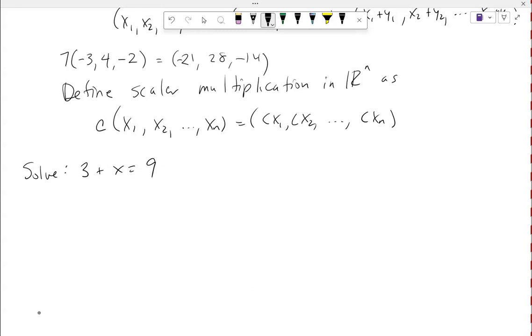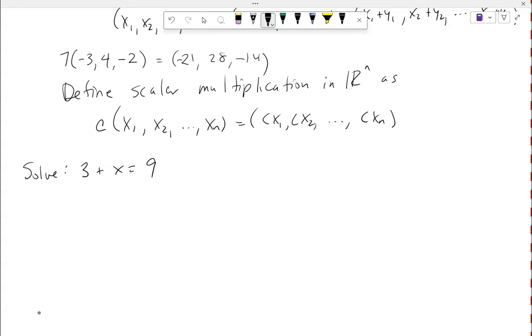Okay, so subtract 3. Subtraction is defined as what? It's adding the opposite, right? Adding the inverse of it. So the first thing I need to know for a fact is what the negative of 3 is. I need to make sure that it has an inverse.